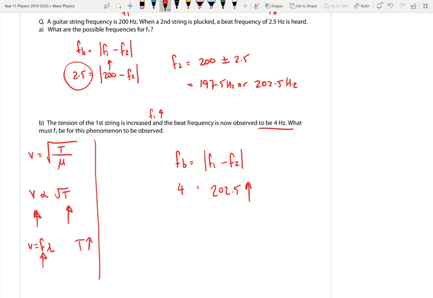Because if we increase 202.5, then the difference from 200 gets larger. Have a think. If it was 197.5, oh, sorry. We're saying F1. It's either that one or that one. Yeah, we're increasing 200. Ah, yes, you're right.